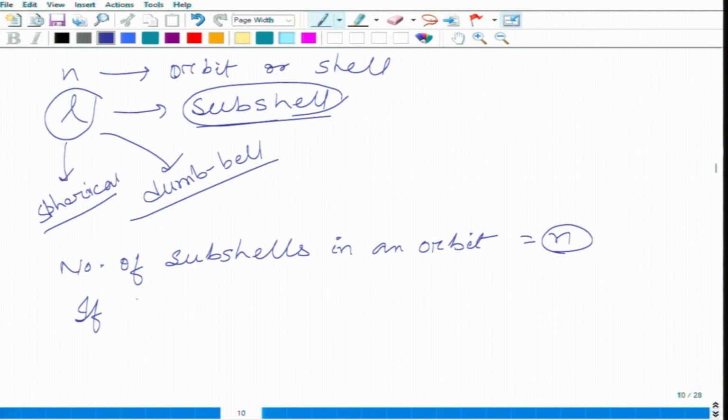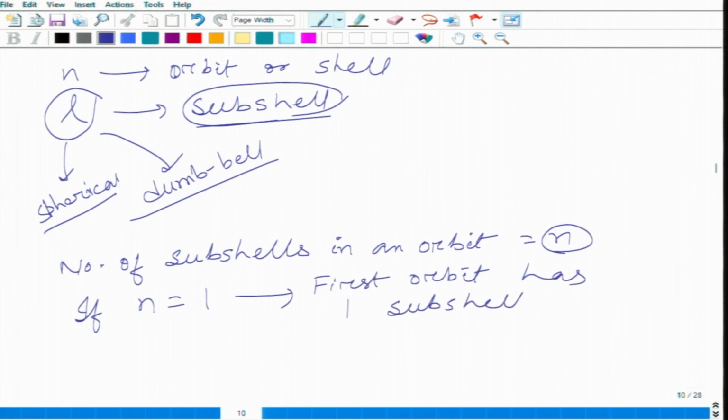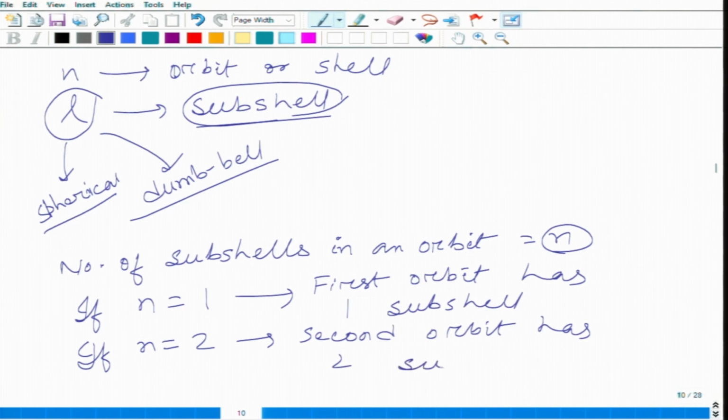That is, if n is equal to 1, the first orbit has one subshell. If n equal to 2, then the second orbit has 2 subshells.